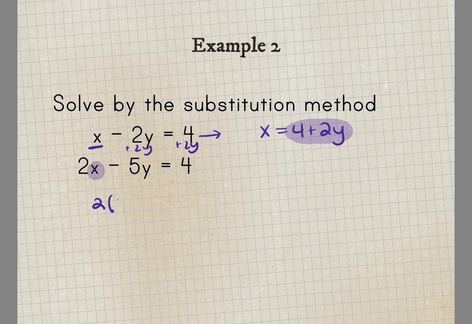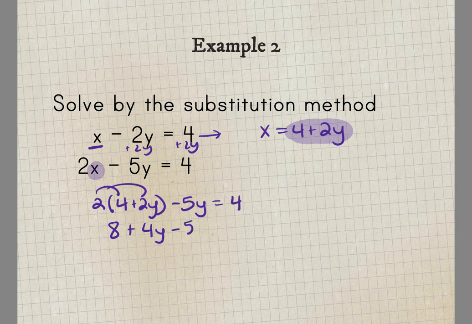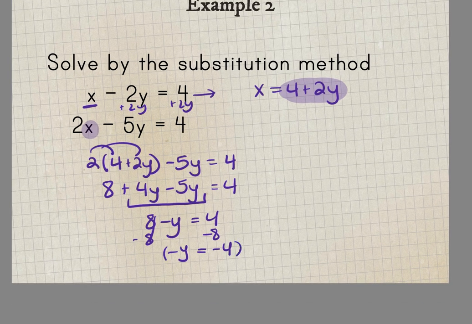So 2 times (4 plus 2y) minus 5y equals 4. Distribute the 2 here. 8 plus 4y minus 5y equals 4. Combine my like terms. 8 minus y equals 4. Subtract the 8. Negative y equals negative 4. Divide or multiply by negative 1.